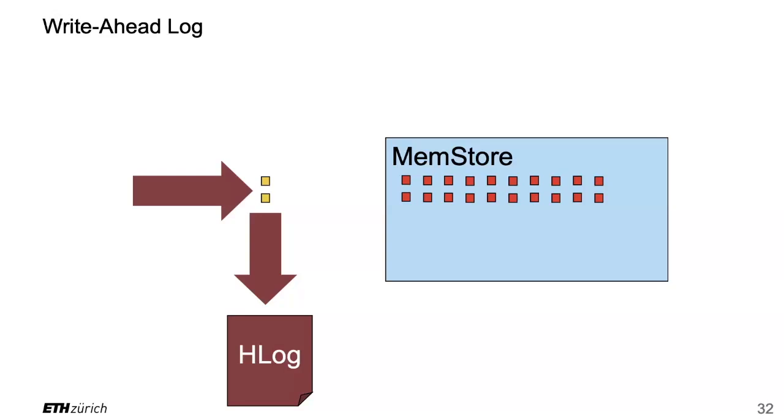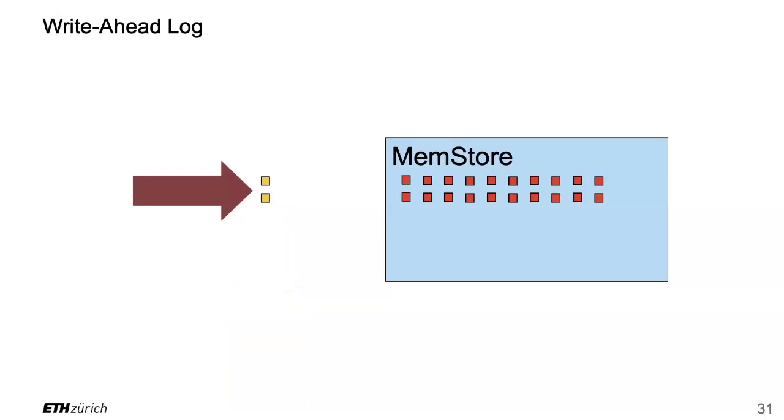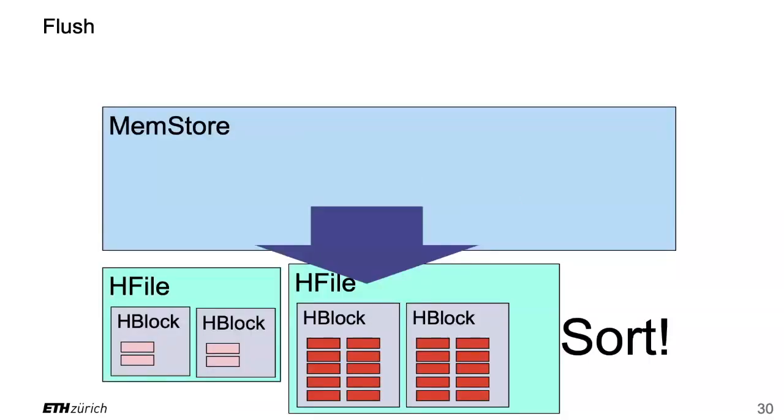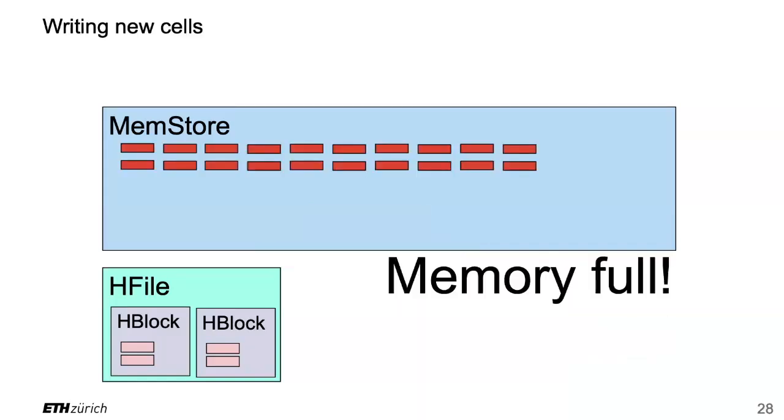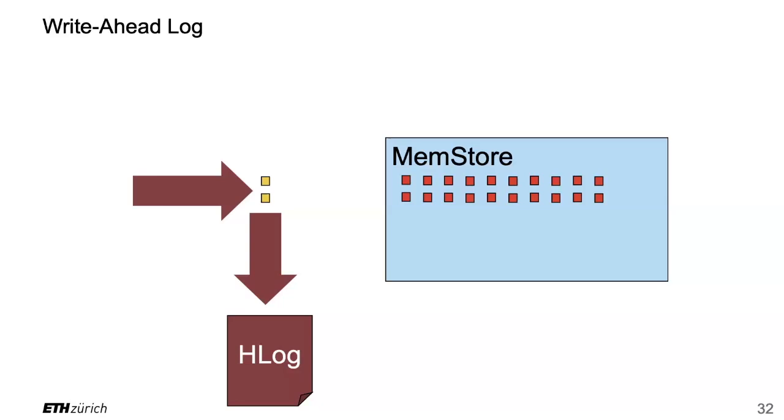So the HLog is also a list of key values and of transactions of key values, but the difference between the HLog and the HFile is that the HFile is sorted by key, right? It's sorted by key, but the HLog is sorted by the time of arrival. It's really a journal, and you keep appending in the order in which they arrive.